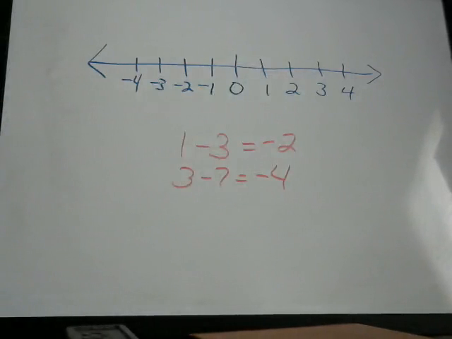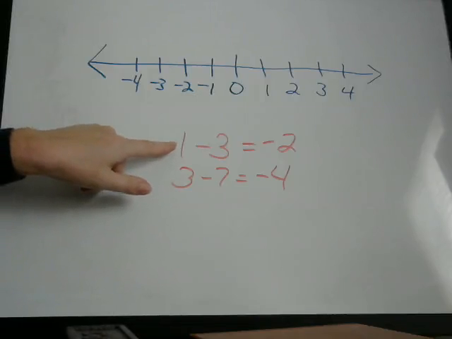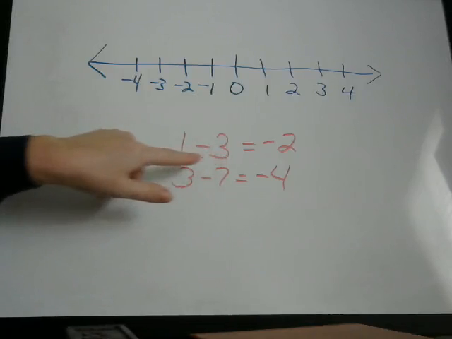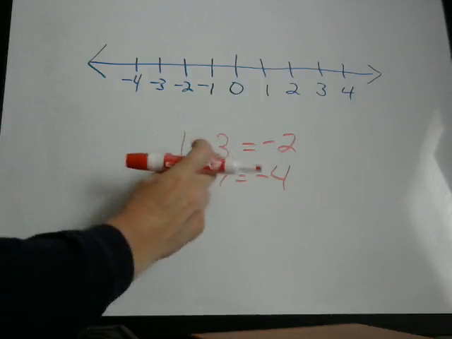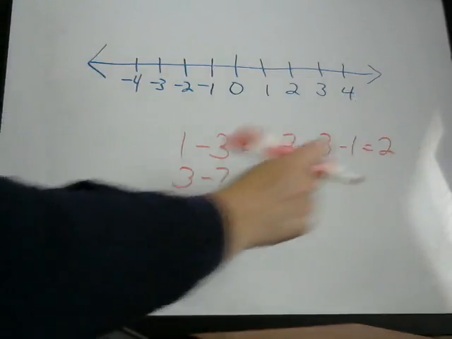So that's mechanically how you can think of it, but obviously when we get into large numbers, we're not going to be drawing out a number line and then physically counting back. So the key is to look at the relationship between these two numbers. So if you have a number and you're subtracting something that's larger than it, so 3 is larger than 1, if you look at this relationship, 3 minus 1 is 2.